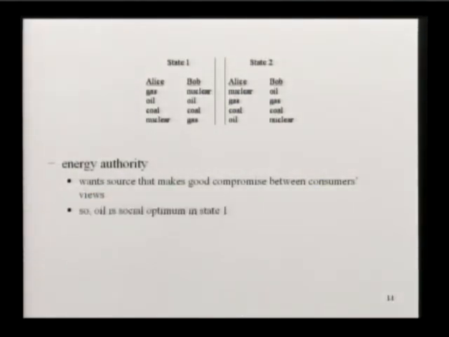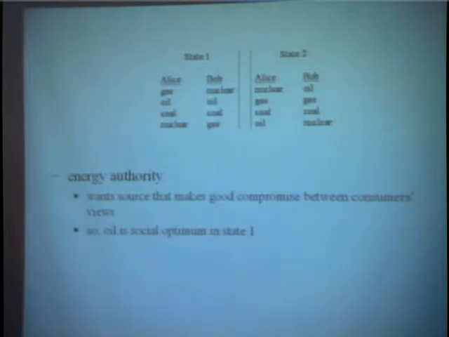So that suggests that in state 1, oil might be a good choice because gas is not a good choice because although Alice likes gas in state 1, Bob doesn't like gas at all. And although Bob likes nuclear power, Alice doesn't like nuclear power at all. So gas and nuclear are not a good choice. And coal's not a good choice because both Alice and Bob prefer oil to coal.